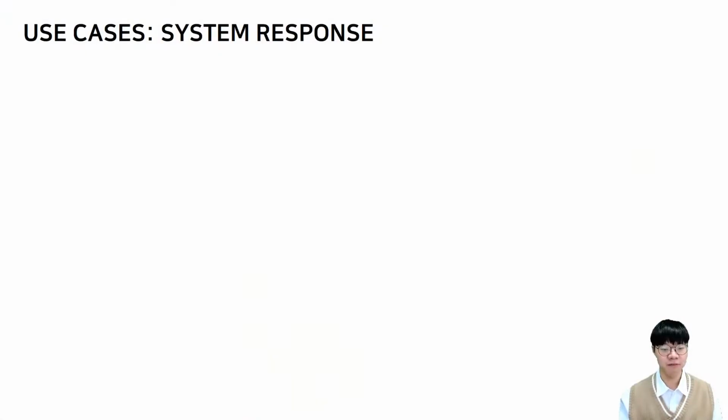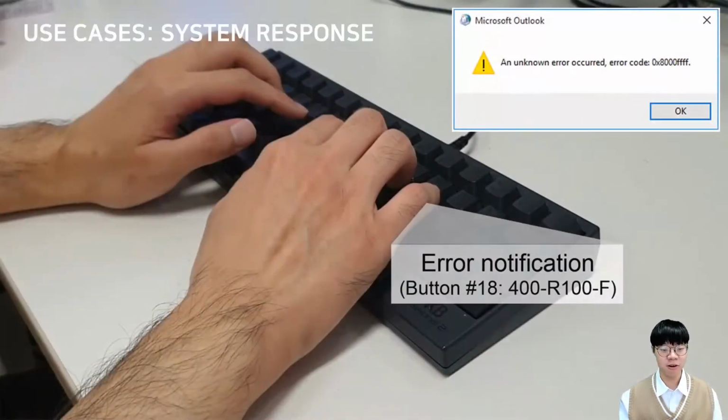Finally, augmented feedback can be associated with the immediate system response to the user. For example, when an error occurs during key pressing, the augmented button can give different feedback as an error notification along with auditory and visual effects.